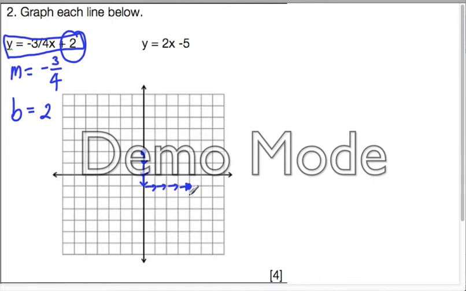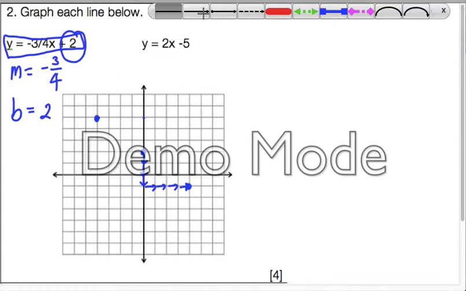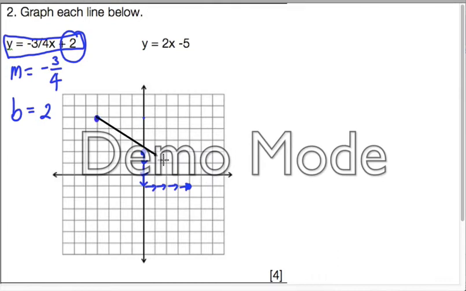And for another one, I can't really go to the right, so I'm going to go up 3 and to the left 4 units over there, and that will be another point. So that's my line. That's y equals -3 over 4x plus 2.